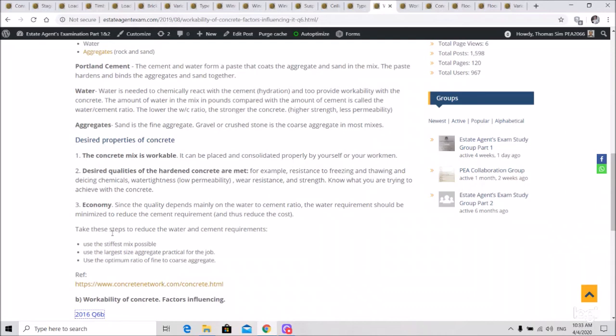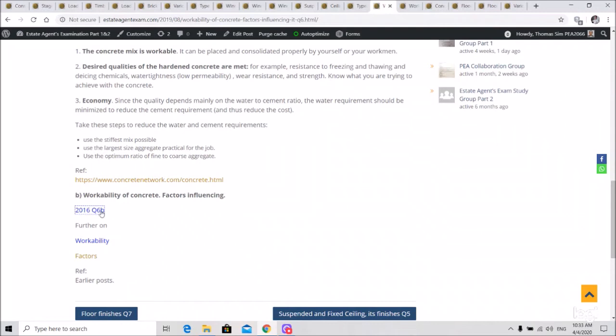So question part B is on the workability. Workability is actually a big part of the question last time. There were questions about workability as the whole question, meaning it's very technical.